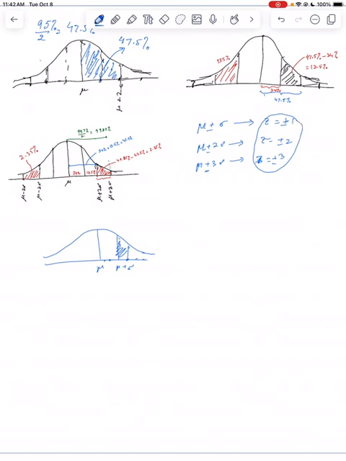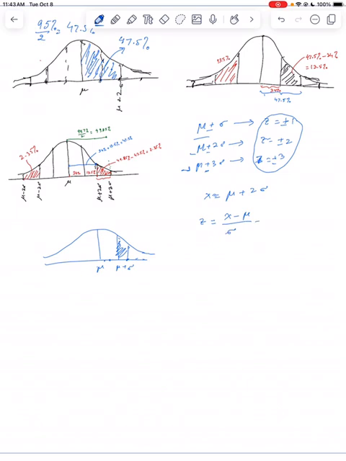So let me show you. These values that we are talking about will be our x values. If I am at x equal to mu plus 2 sigma, let's say, then if you recall, in order to calculate the z-score, z is equal to x minus mu over sigma.